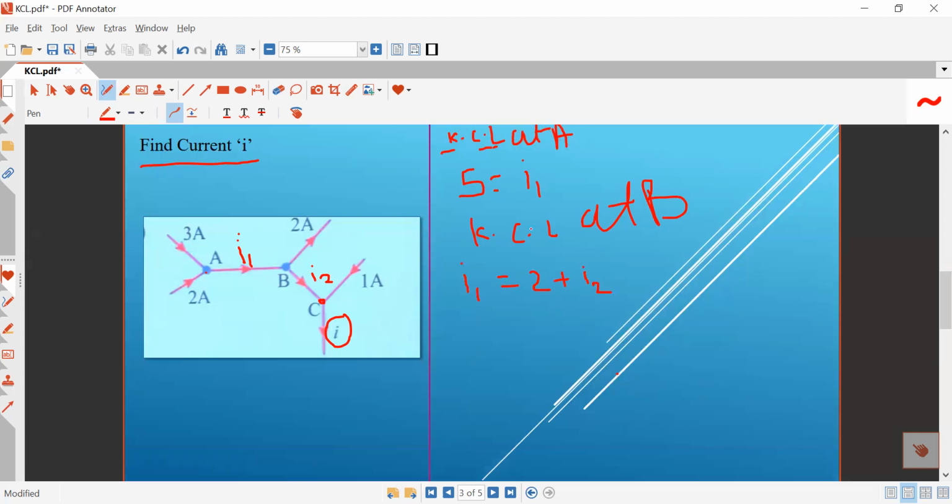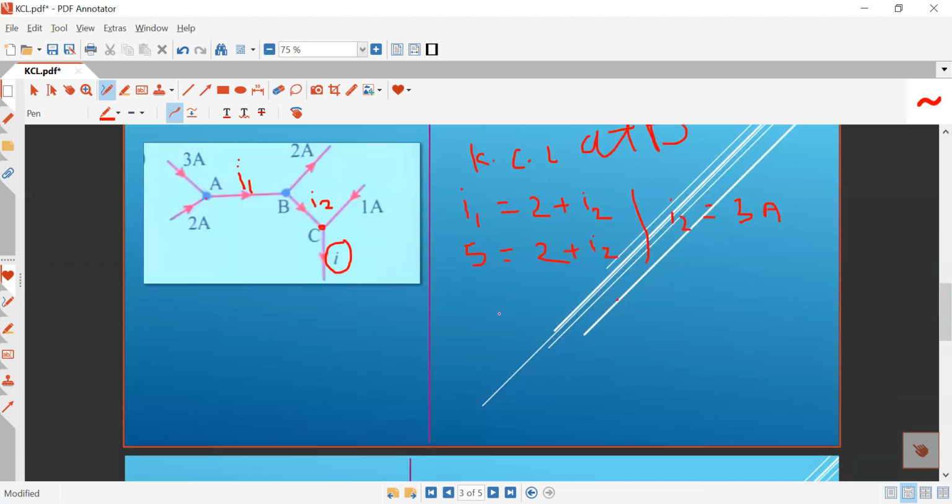And I1, you have already determined the value of I1, which is 5. So 5 equal to 2 plus I2. And from this equation, you can derive the value of I2, which is 5 minus 2, which is 3 ampere.